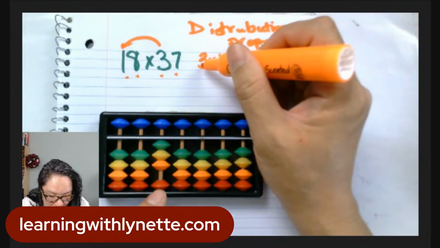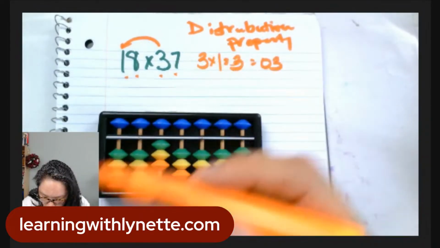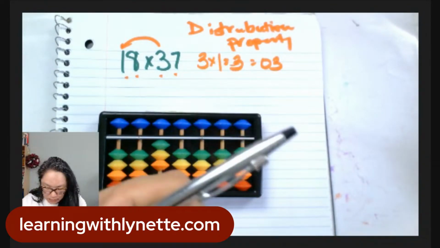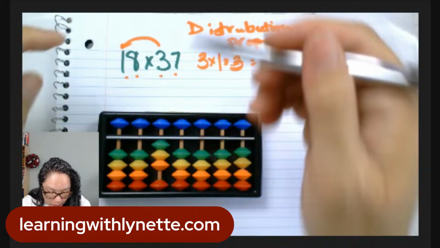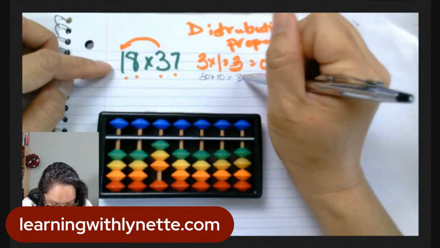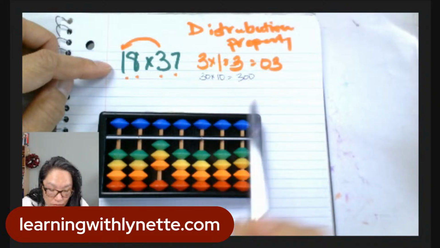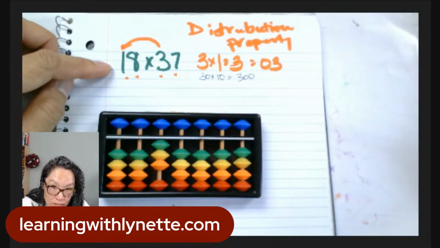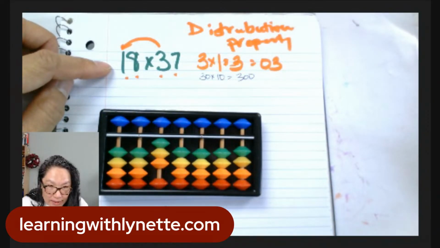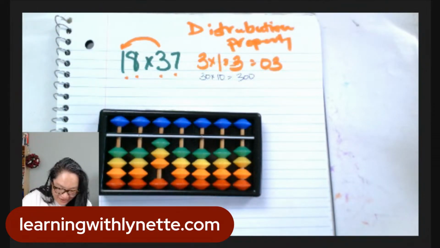What's our next one? 30 times 10 is equal to 300. But I already have 300 on my abacus. I don't need to write it out. I trust my abacus. You've got to trust your abacus, right?